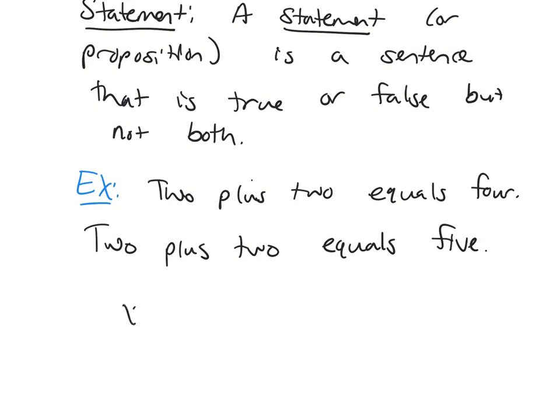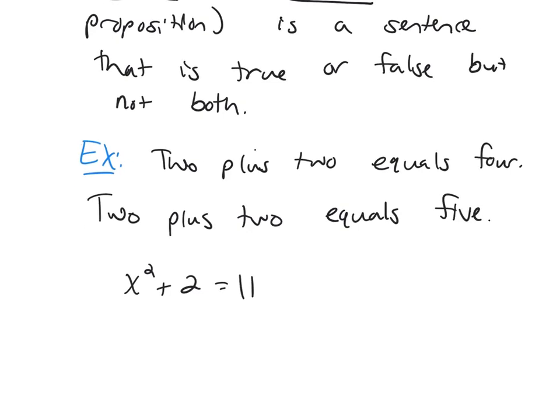But what about these? x squared plus 2 equals 11. This is a sentence, right? I can write it in English if I want to, but it's actually true for some values of x, and false for maybe other values. So it's not only true or only false.